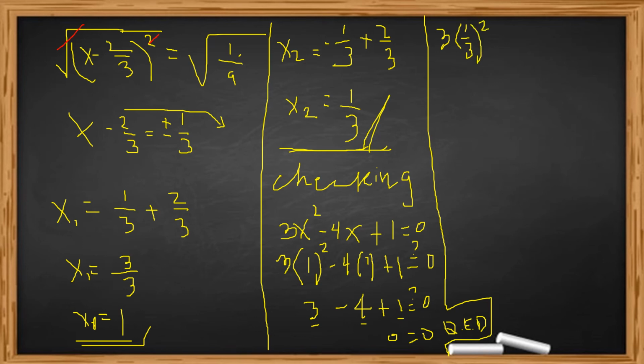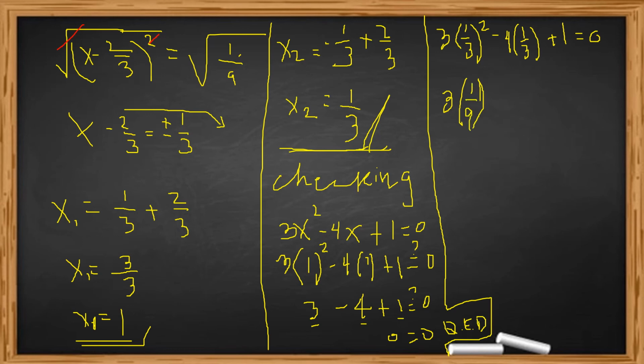Squared, minus 4x, again x is 1/3, plus 1 equals 0. But 1/3 squared is 1 squared, which is 1, and 3 squared is 9.